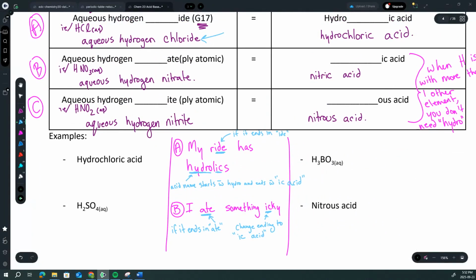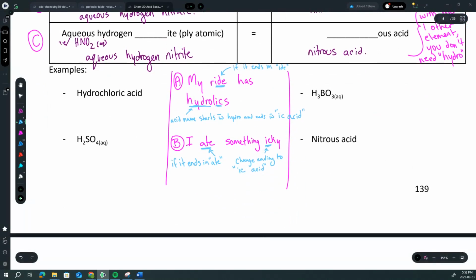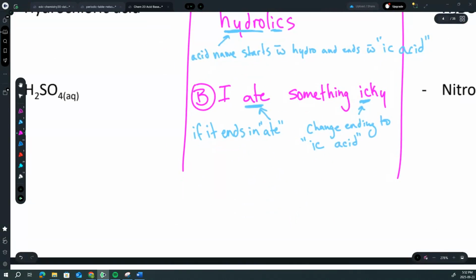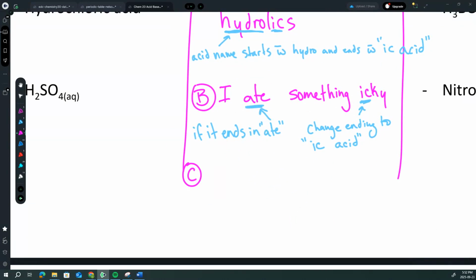And then for the last case here, this is when we have hydrogen with a polyatomic ion whose name ends in ite. So this is case C. And the sentence I use to help me remember this case, whether you agree with this or not is irrelevant, but Sprite is delicious.